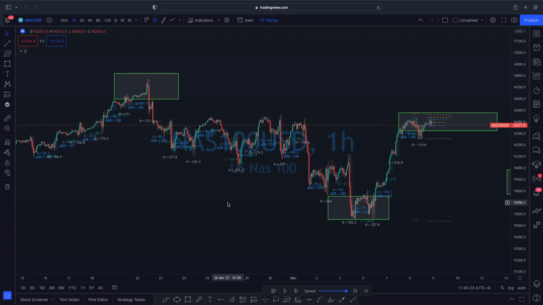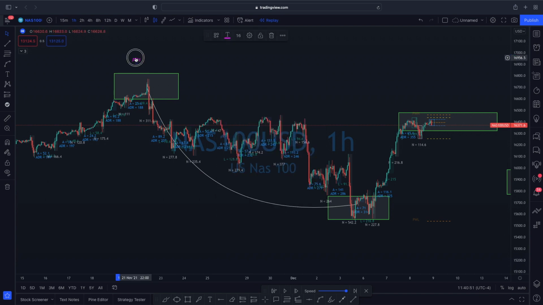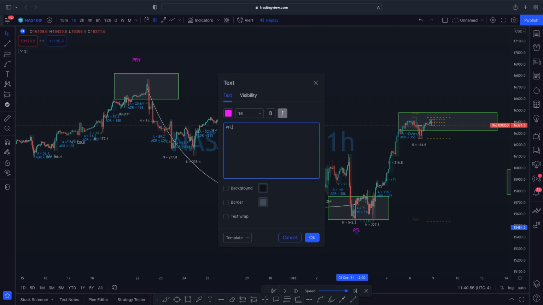Hey Siri, what's 1,200 divided by 270? 1,200 divided by 270 is approximately 4.4444. There you go. So that would give us a full cycle here. So that's correct, right? So essentially, we can now confirm that that's a peak formation high here, and this would be a peak formation low here.